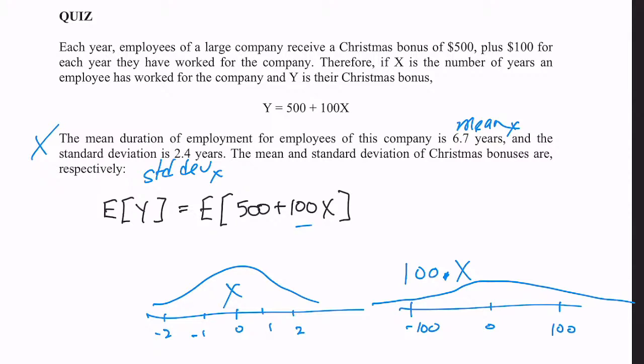And what happens if now I add 500? What does a distribution 500 plus 100x look like? What would y look like?